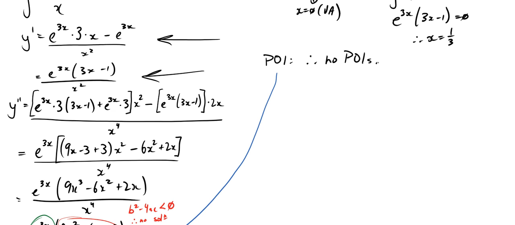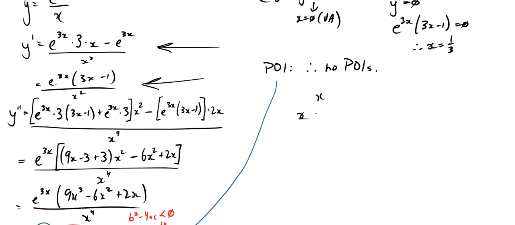So what do we do next? Very nice. We still can do our second derivative chart with the vertical asymptote because concavity can switch over at an asymptote. That would still be included even if we had other POIs. We'd still need to include asymptotes as well. So x, and that's at 0.